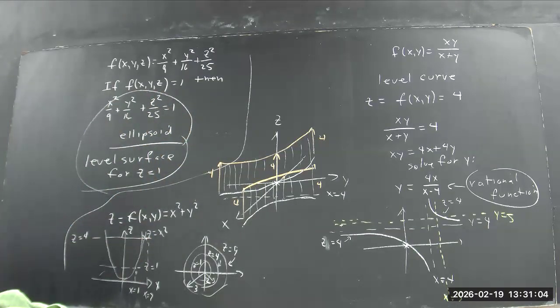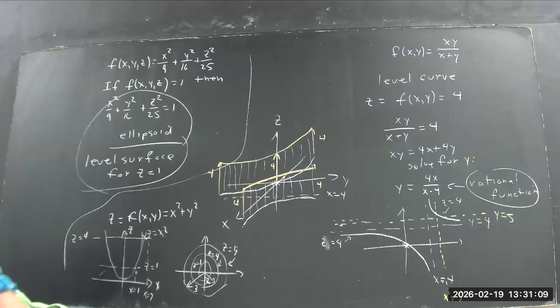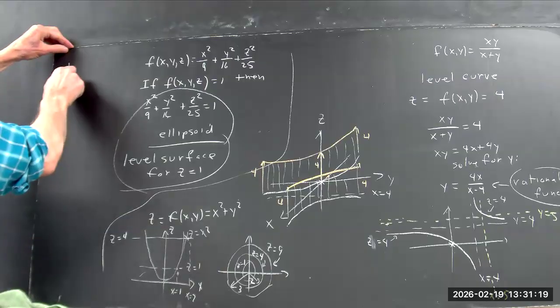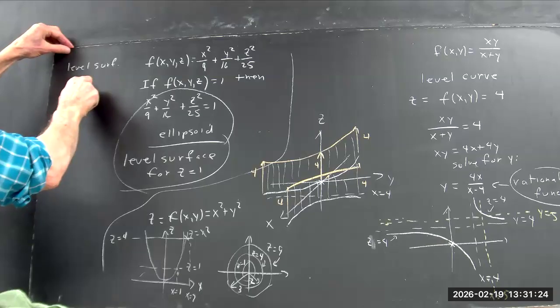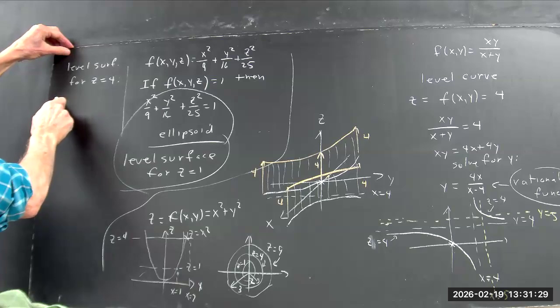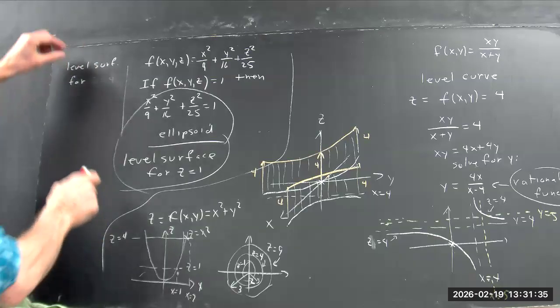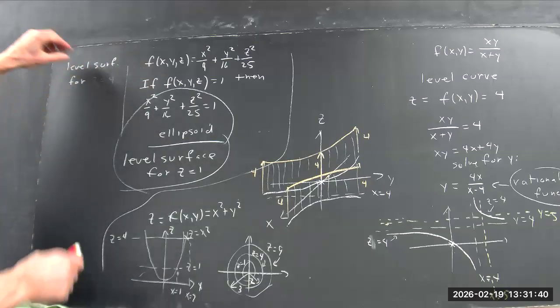What if it equals 4? Well, the level surface is not z equals 4, because it's f of x, y, z equals 4.